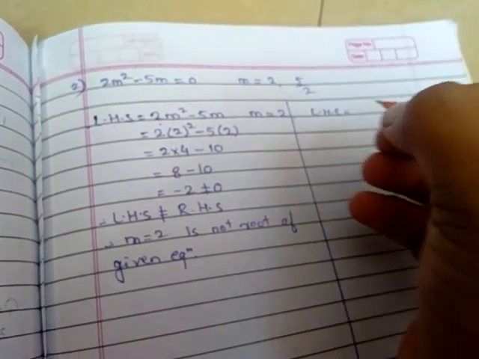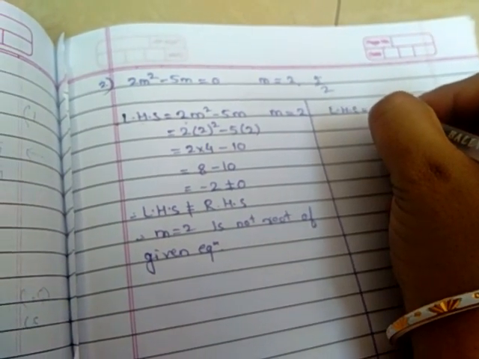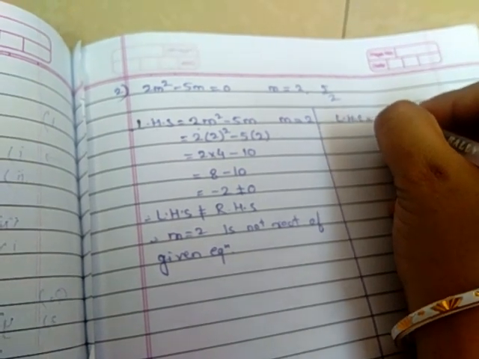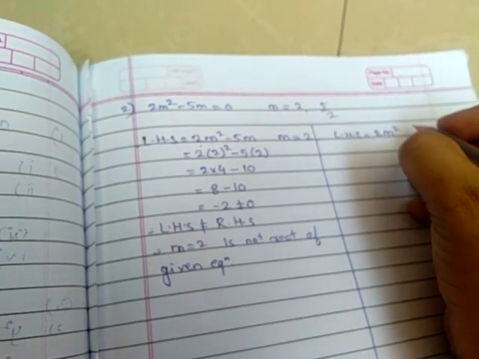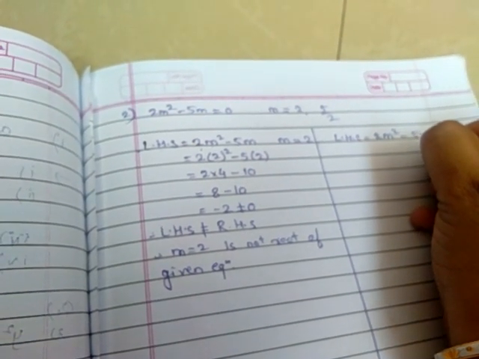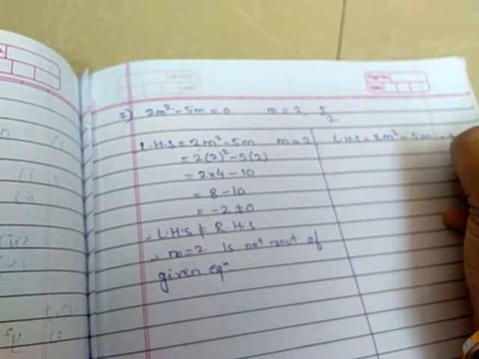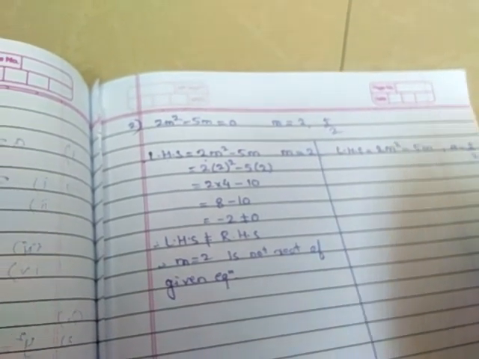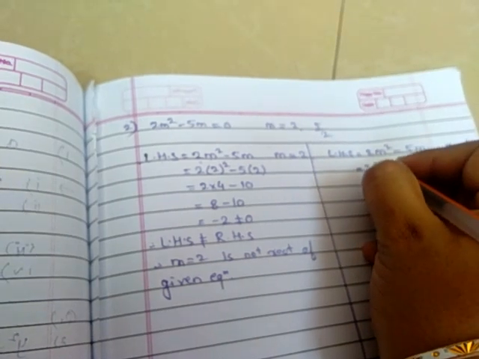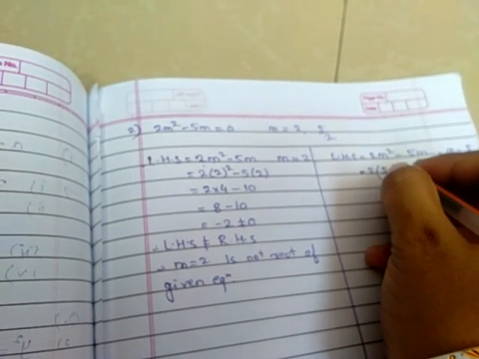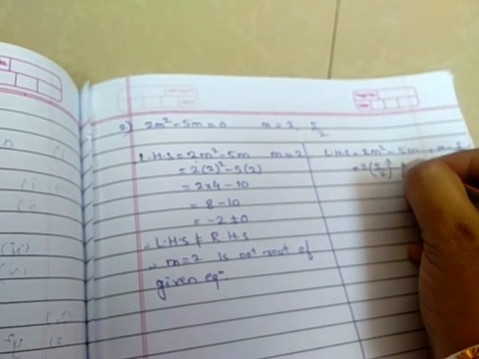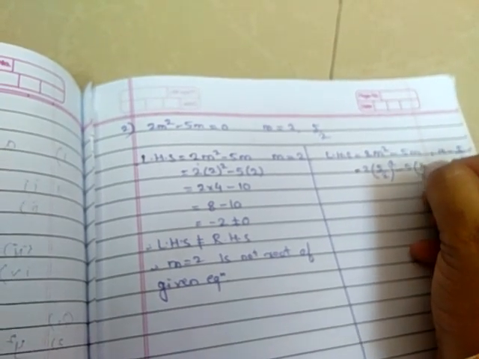Now we'll check for the value m equals 5 upon 2. First write LHS, 2m square minus 5m. We are writing for m equals 5 upon 2. Wherever m is there, we have to put 5 upon 2. 2 into square of 5 upon 2, minus 5 into 5 upon 2.